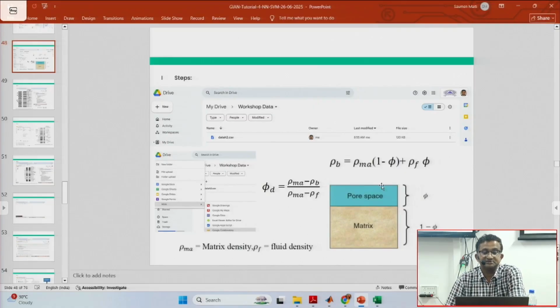Rho ma is the density of the matrix, rho b is the density coming from your log, rho f is the density of the fluid, and again rho ma. If it is a matrix of a different geological succession, we have to take rho ma according to the value, whether it is 2.65, 2.67 or any other.